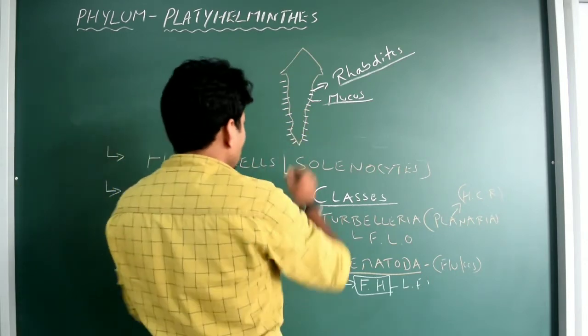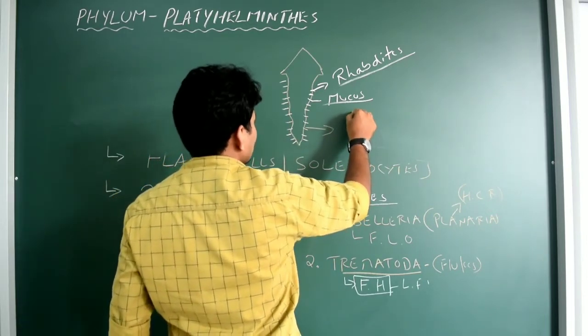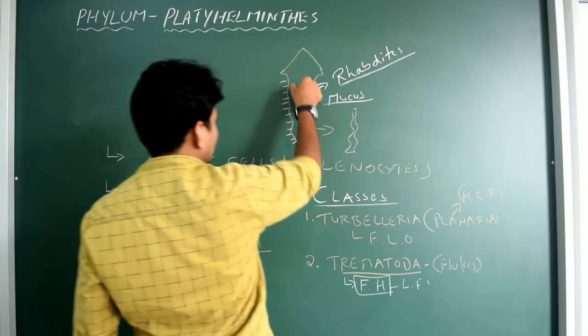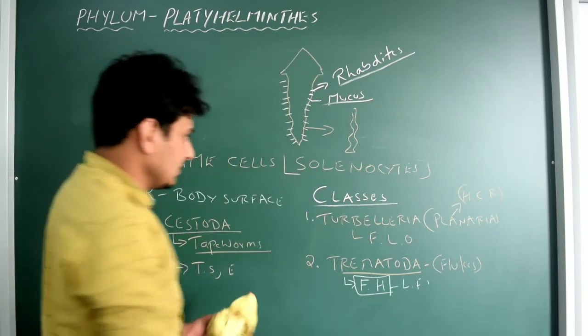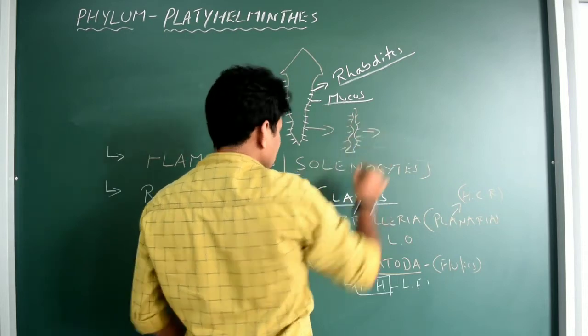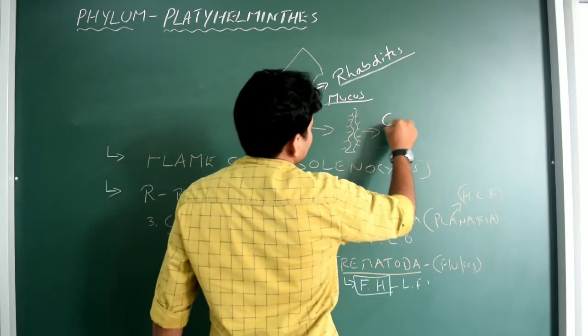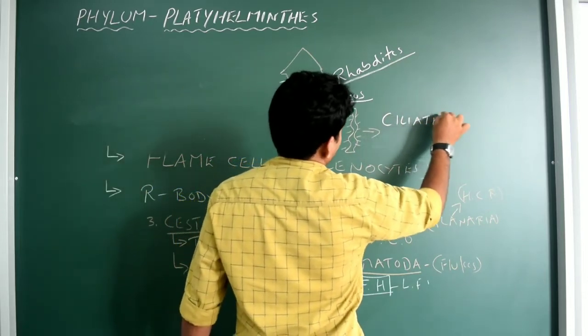Next is, as these organisms obviously have cilia, so we just talk about the larval stage. Before it becomes this planaria, the adult organism, the larval stage also bears cilia around the body. Hence, the larva of this Turbellaria is called ciliated Muller's larva, because they have cilia.